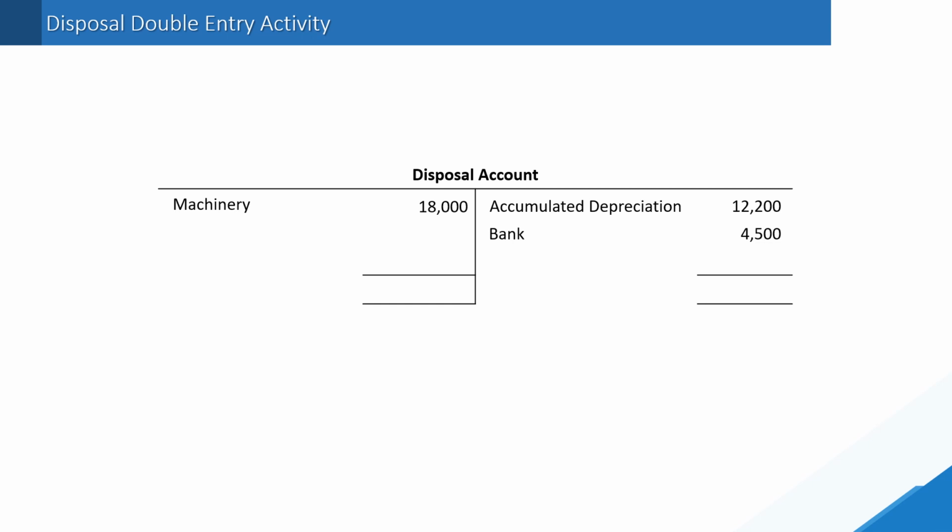But the question I have for you is, will that balancing figure, will that loss be shown as a debit or a credit in the disposal account? So I'll just pause for a moment guys and let you collect your thoughts, and I look forward to seeing what you think.